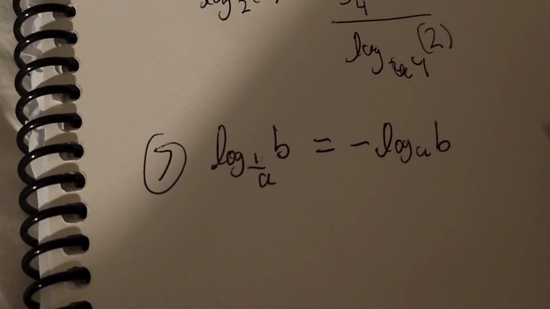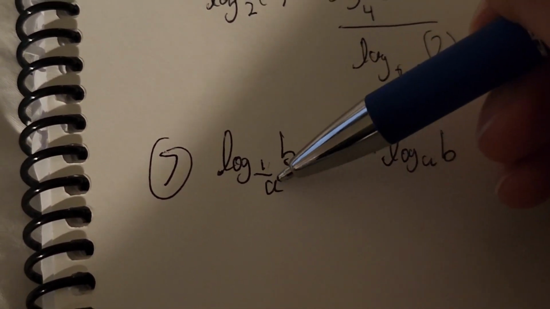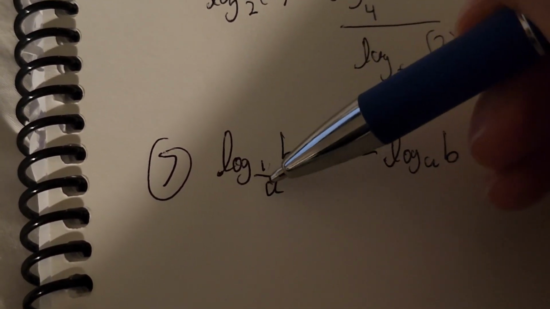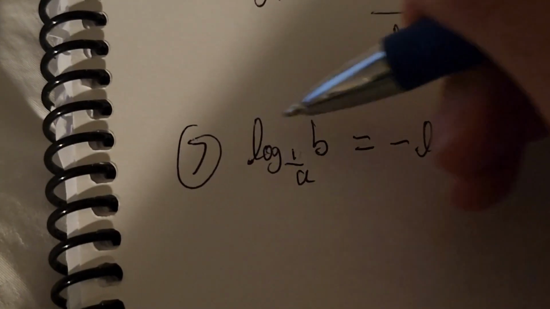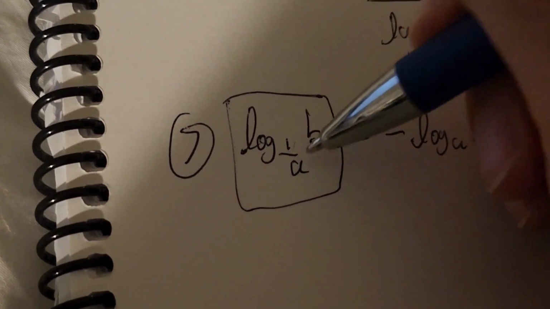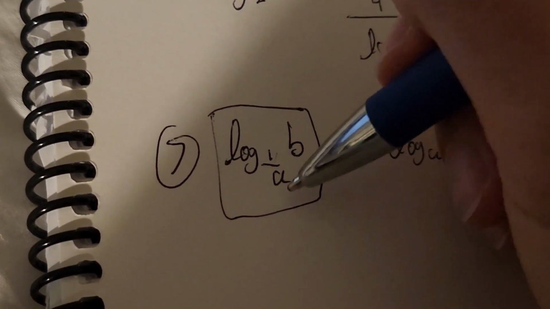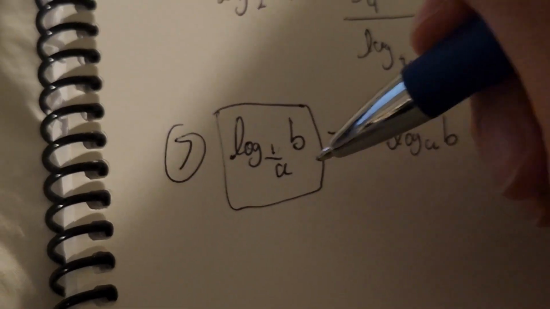If we want to change it to just log base a, all you need to do is change the sign. My goal here is to change the base to log base a of b. You don't want to have the log of the reciprocal of a. That's your objective, your goal.